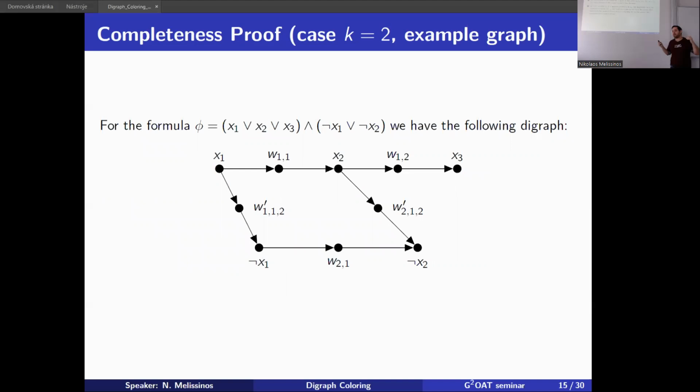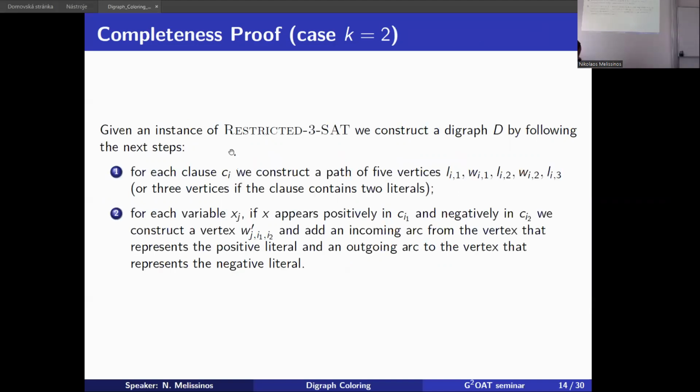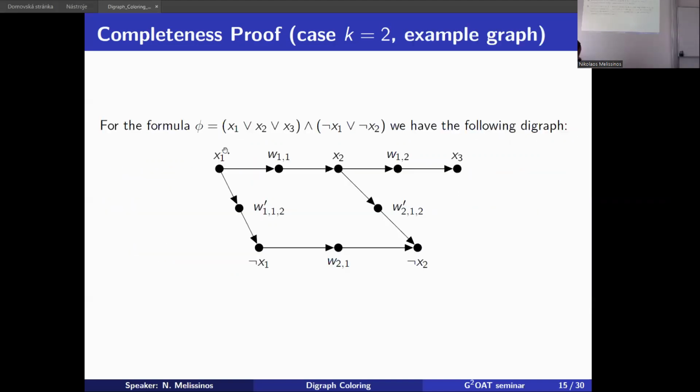You can see that for those two clauses here, we're creating two horizontal paths, where the vertices represent the literals. There are some connector vertices, and for each positive and negative appearance of the same variable, we have those vertical paths that still have some connectors.